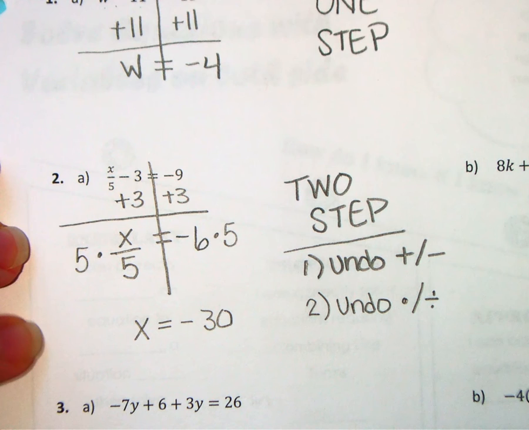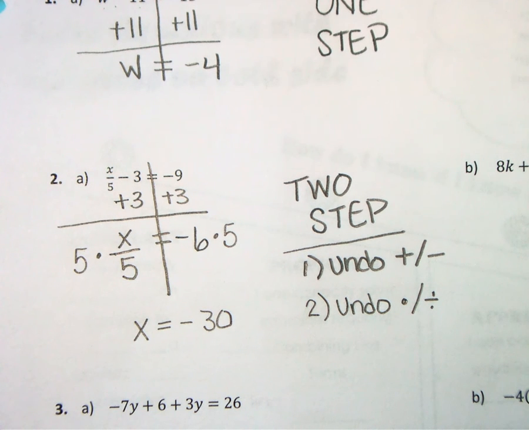Okay, then you've got your basic two-step equation over here on the right side, that B. So I'll go ahead and give you about 60 seconds, 1 minute, to do that B, and then we'll jump down to level 3 together.